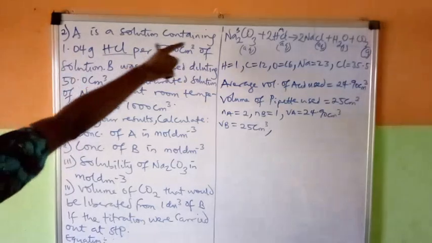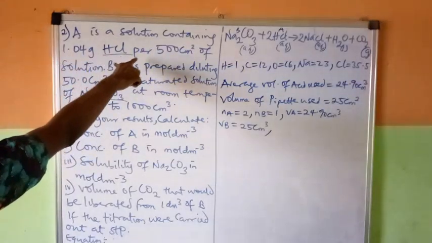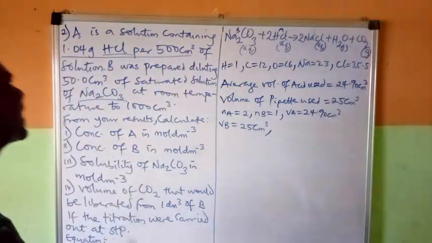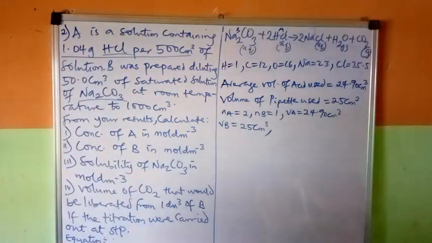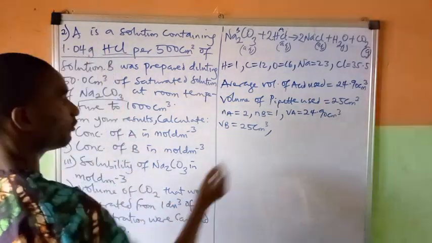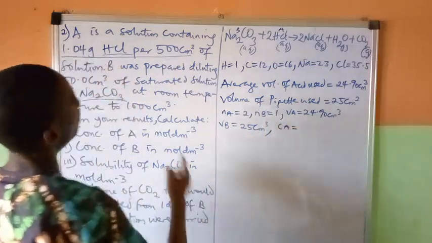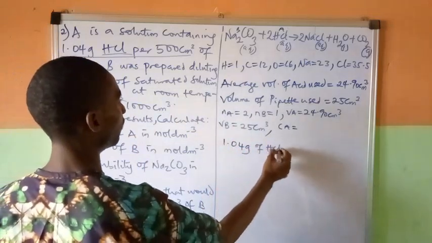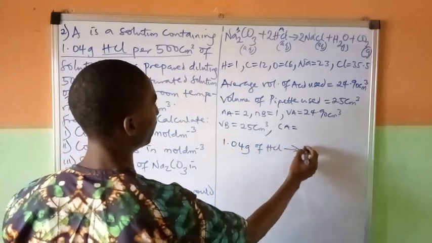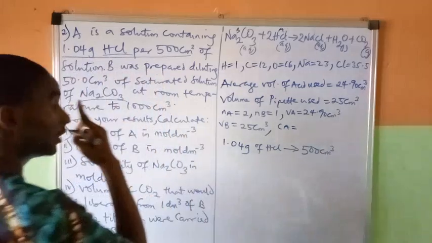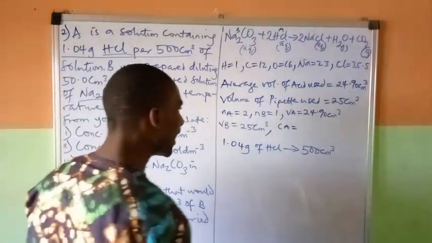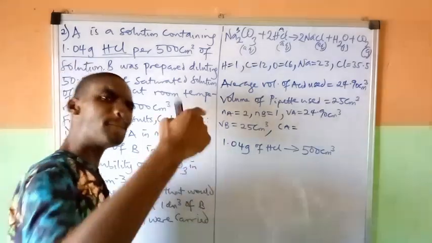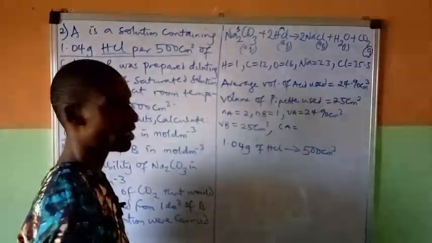Here, A is a solution containing 1.04 grams HCl per 500 cm3 of solution. With this, we can determine the molar concentration of our acid. For Ca, we were told that 1.04 grams of HCl was present per 500 cm3. We calculate the mass concentration first and then convert it to molar concentration.